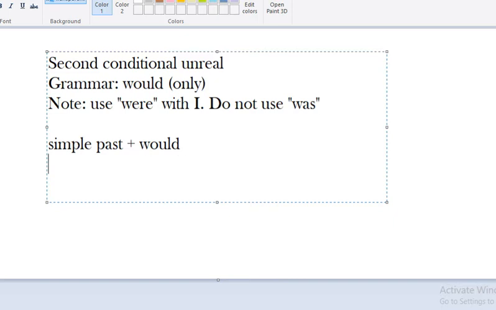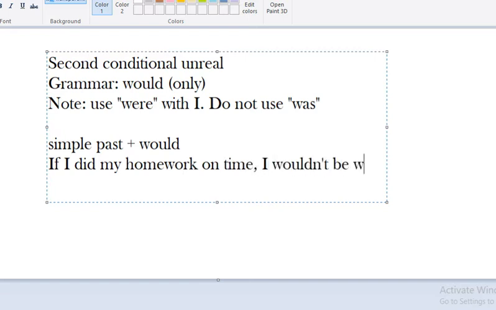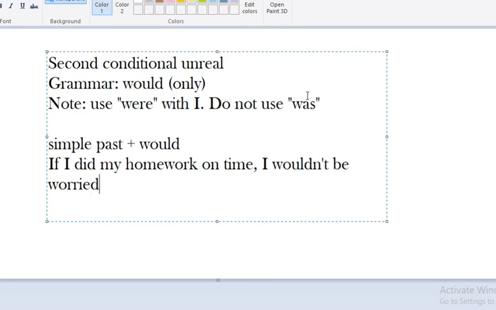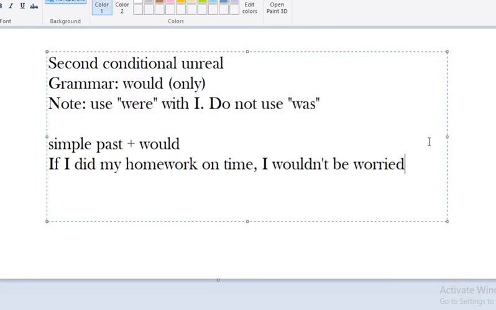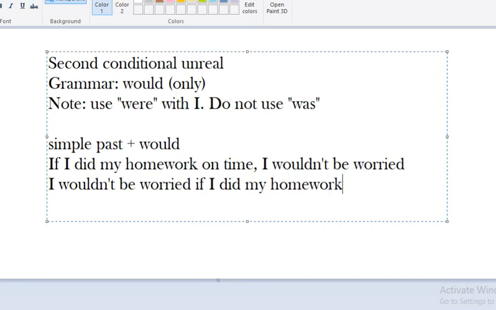For example, if I did my homework on time, I wouldn't be worried. Yes? Or I wouldn't be worried if I did my homework.